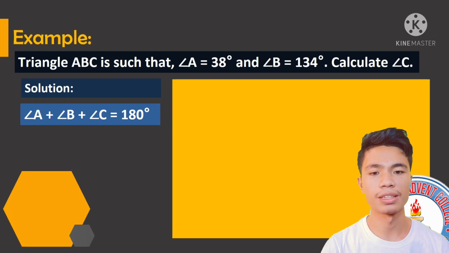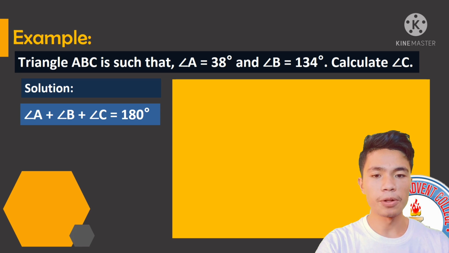Let's have an example. Triangle ABC is such that angle A is equal to 38 degrees and angle B is equal to 134 degrees.